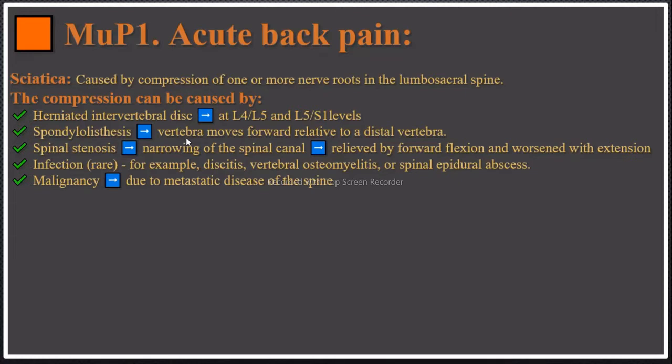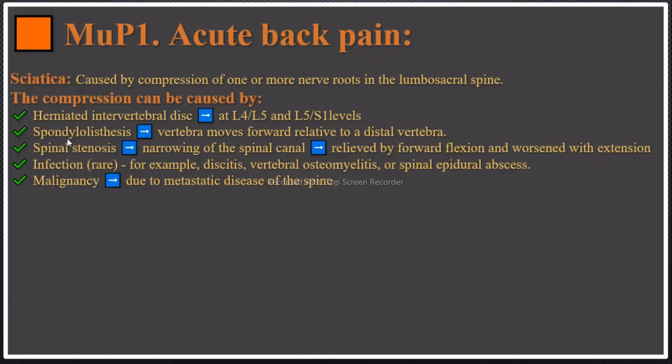Spondylolisthesis. So vertebra moves forward relative to the distal vertebra. So here you have two vertebrae, whatever lumbar 4 and lumbar 5. What happened here? The vertebra lumbar 4 goes forward in relation to lumbar 5, but no disc herniation.